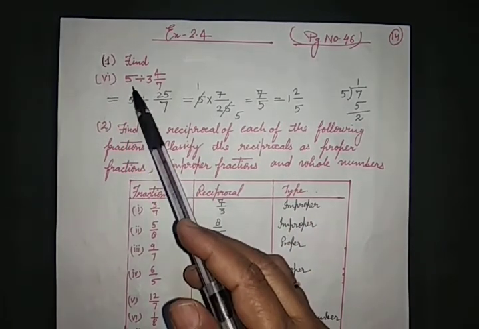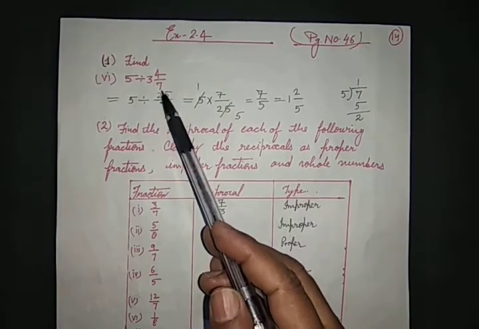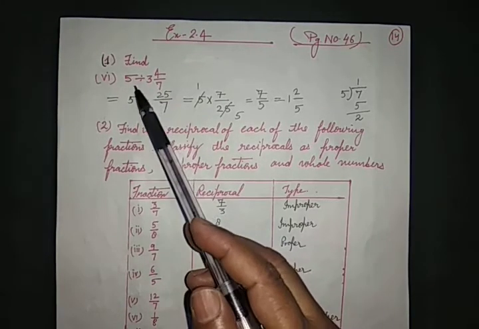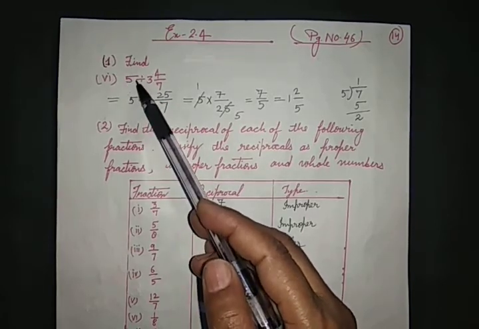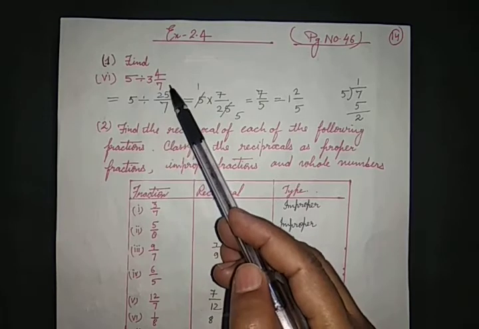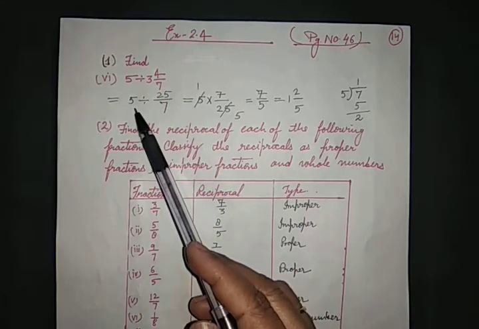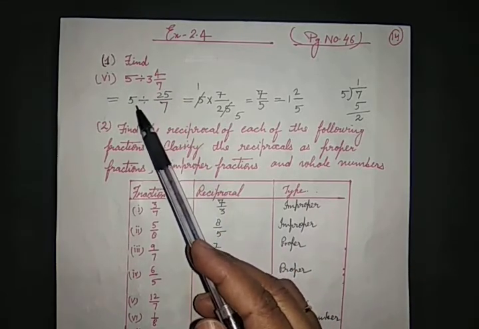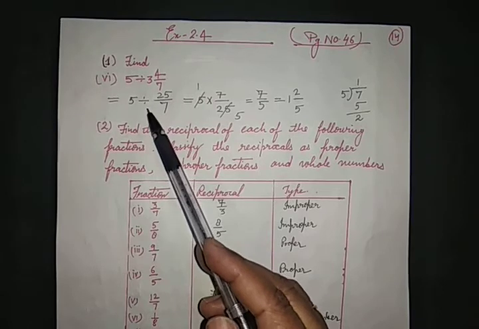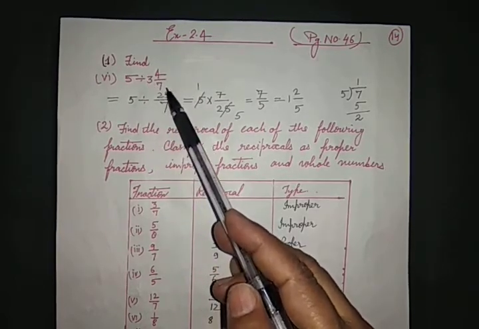Here the question is 5 divided by 3 whole 4 upon 7. The 5 is a whole number which we are going to divide by a mixed number. So in the first step, 5 we will write as it is, division sign we will put as it is. For 3 whole 4 by 7, what will you write?